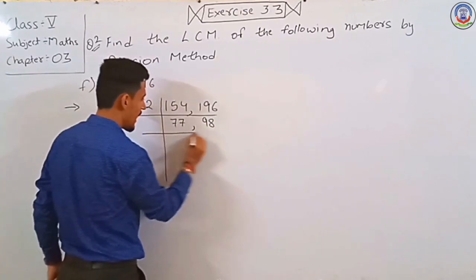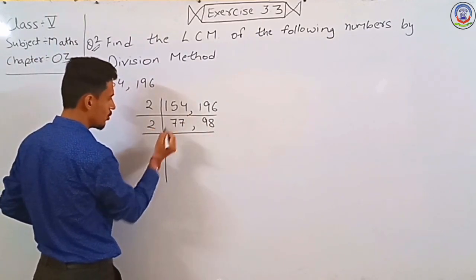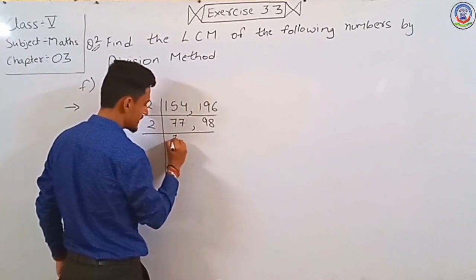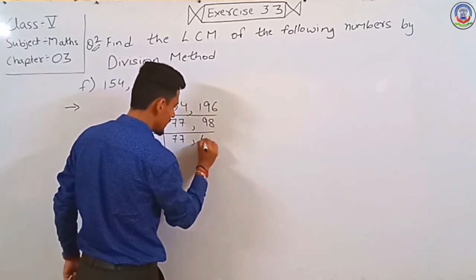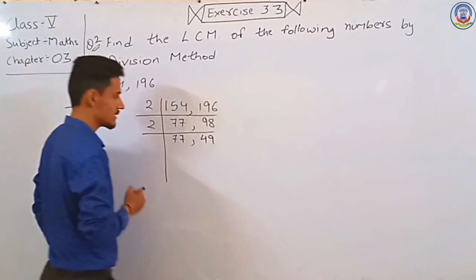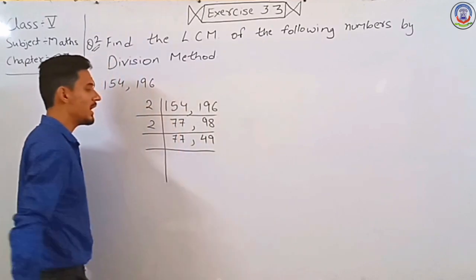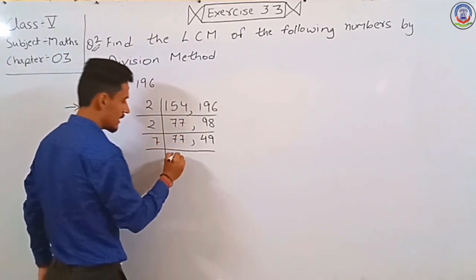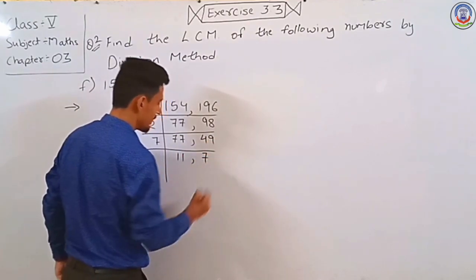Now next, it is divisible by 2 again, so we write here 2. But 77 is not divisible by 2, so we write it the same. And 98 is divisible by 2, that is 49 times. Now these both are divisible by 7, so we write here 7. It comes 11 times and it comes 7 times.